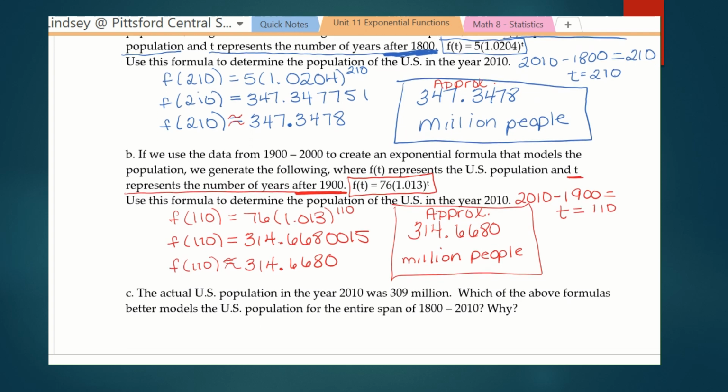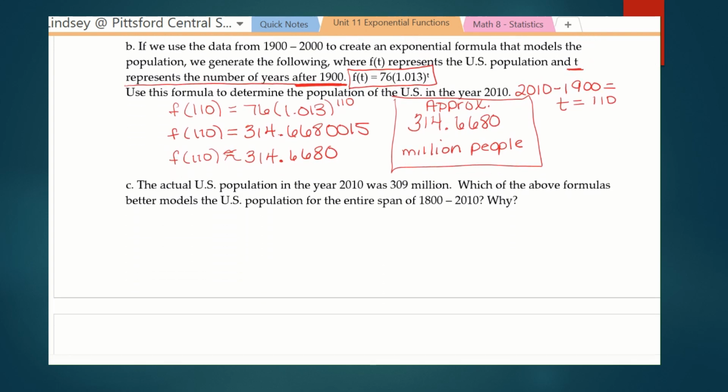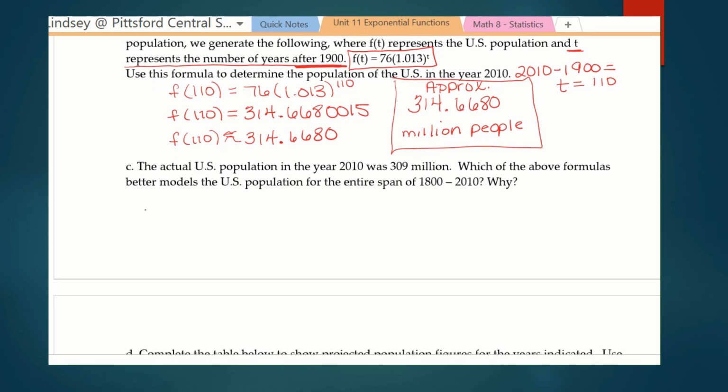So I'm going to go ahead and say the formula in B. So I choose the formula in B. I think that's going to best model the U.S. population for the entire span. And why?